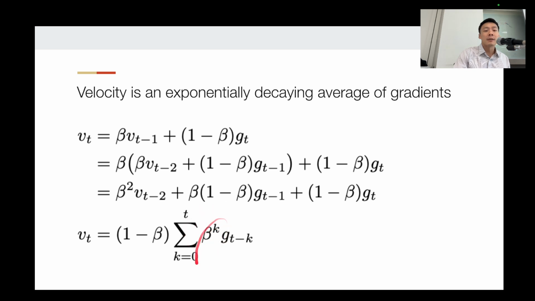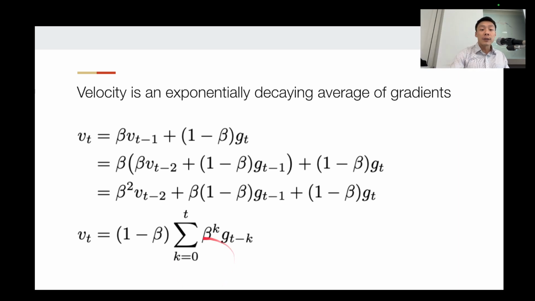And what is this guy? Beta to the power of k. Which means if k is large, which means it goes way back in the past, it's not going to matter much because beta is 0.9. 0.9 to the power of 10 is what? About 0.35, something very small.